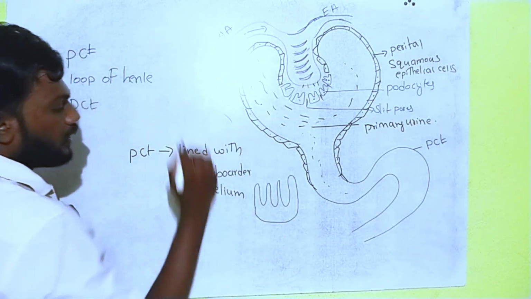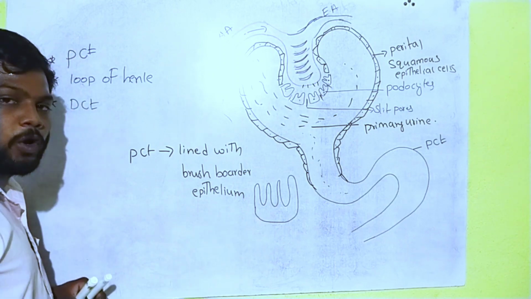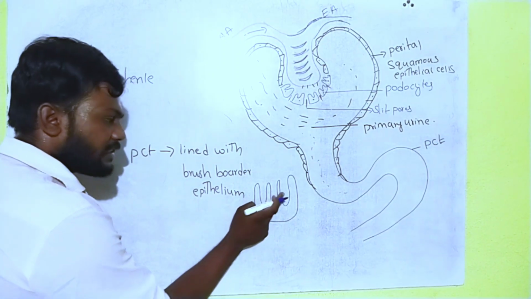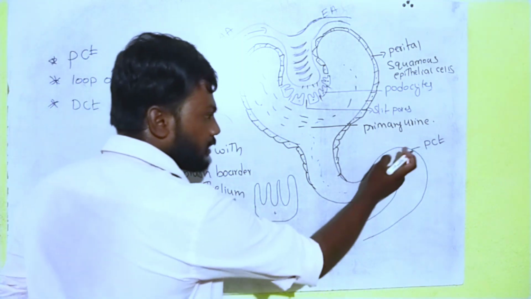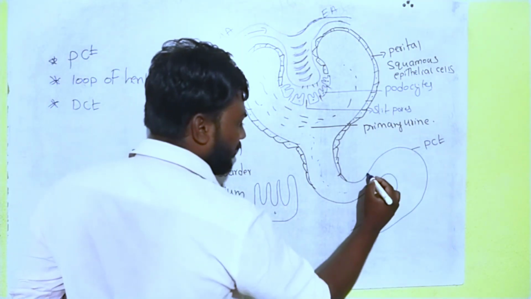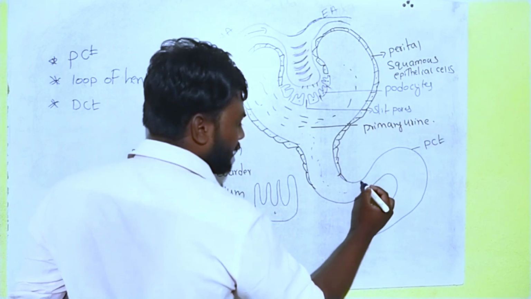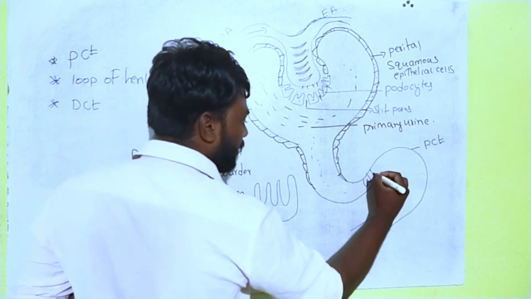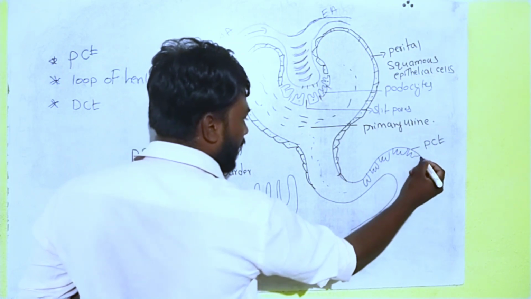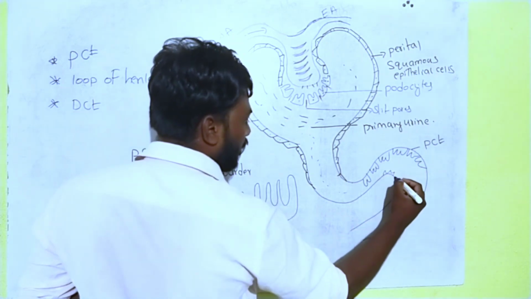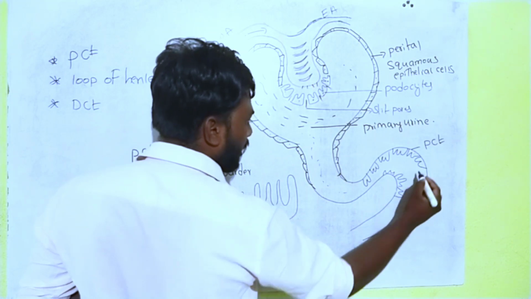This is the brush border epithelium. It means the cells have microvilli. The PCT region is lined with brush border epithelium cells.